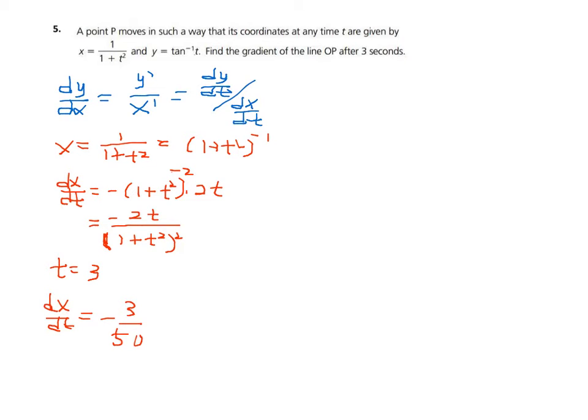Now to derive y is a little bit tricky, so I'm going to review two things. First is this identity from trigonometry: tangent squared theta plus 1 is equal to secant squared theta. That's number one. The other one is the idea of the inverse of a function.